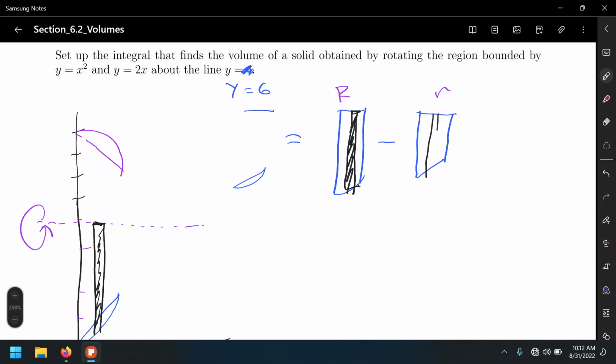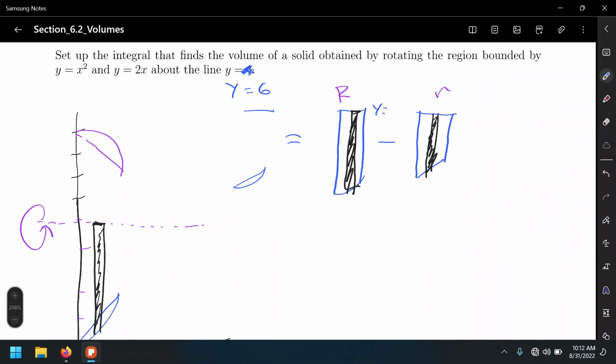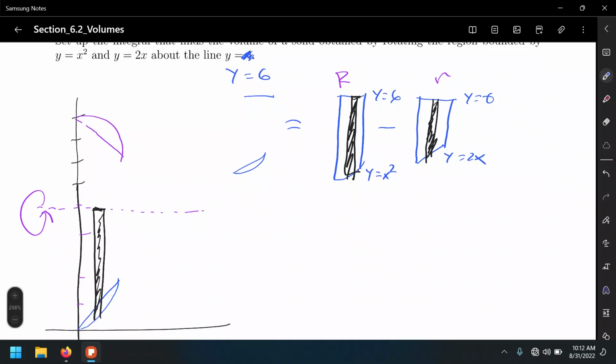The individual top minus bottom for the smaller region. In this case, the top is the line y equals 6 for both, and the bottom part is y equals x squared and y equals 2x. So again, in the same way that we did last time, top minus bottom: for big R, that's 6 minus x squared, and little r is 6 minus 2x.